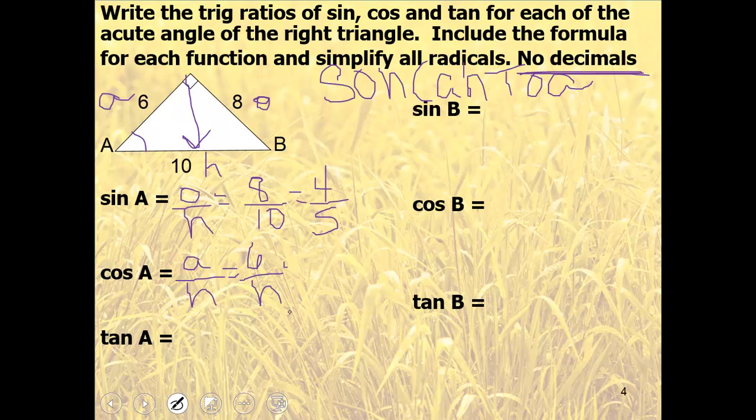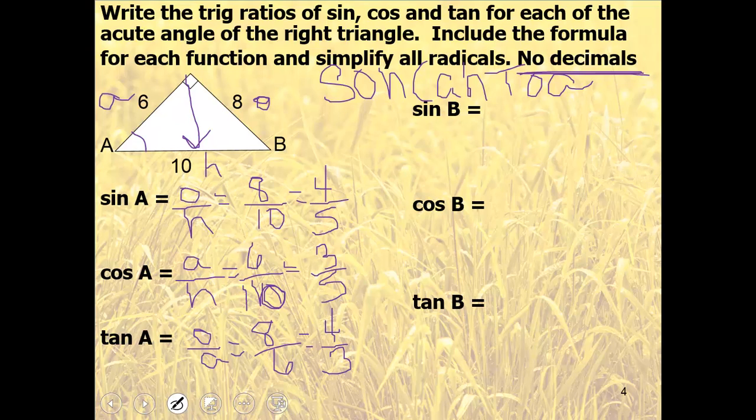My hypotenuse is 10. And that equals 3/5. And then the tangent is the side opposite over the adjacent. The side opposite is 8. The side adjacent is 6. And I get 4/3.